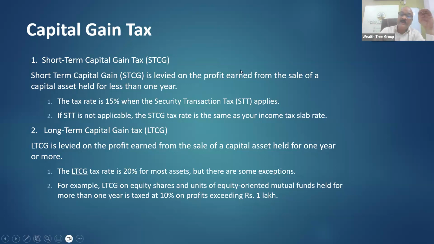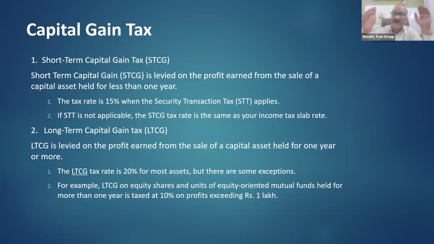And if you do day-to-day trading, or futures and options, which are speculative instruments, your tax liability is as per your slab. If your slab is around 20%, you pay 20%. If your slab is around 30%, you pay 30% on the profit that you made.